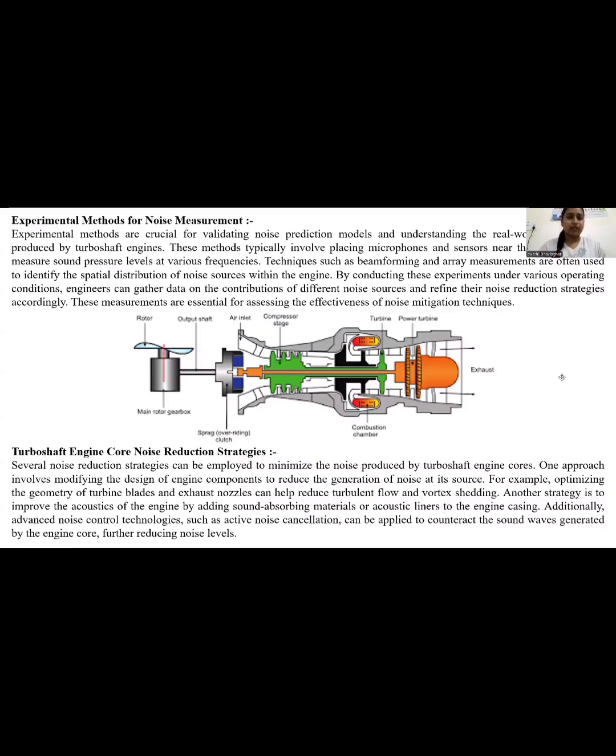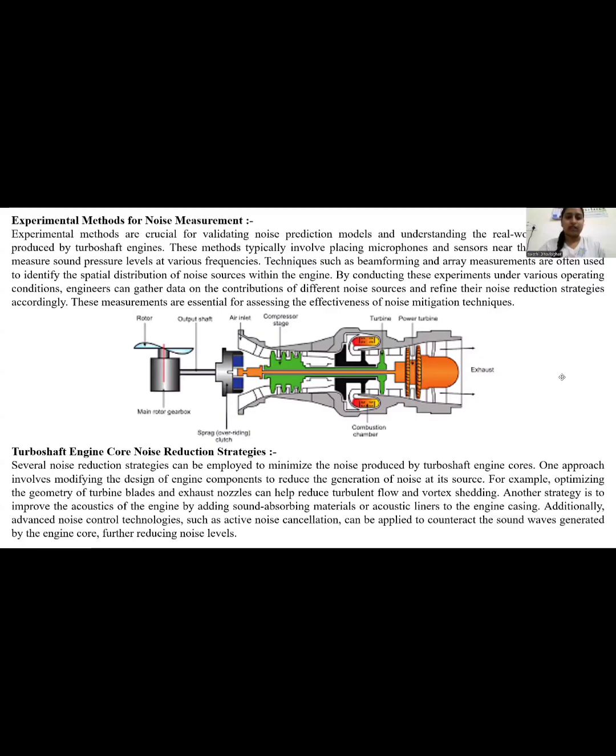Experimental methods of noise measurement. Experimental methods are crucial for validating noise prediction models and understanding the real-world noise levels produced by turboshaft engines. This method typically involves placing microphones and sensors near the engine core to measure sound pressure levels at various frequencies.